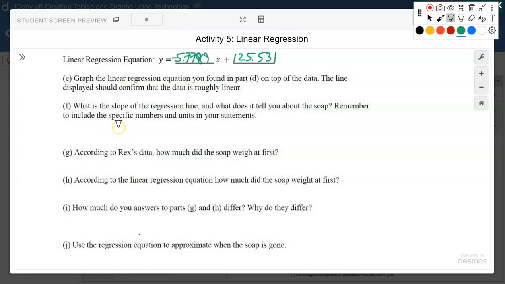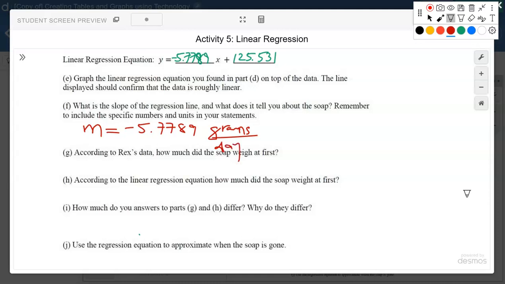Letter F, what is the slope of the regression line, and what does it tell you? So the slope is m, that is -5.7789, and that is the weight of the soap in grams per day.